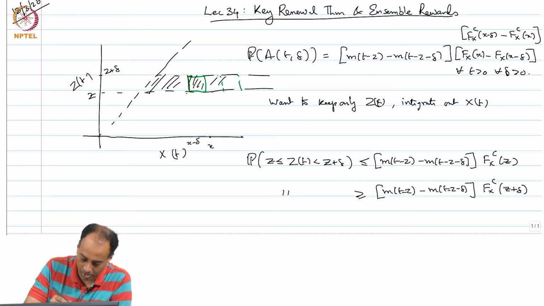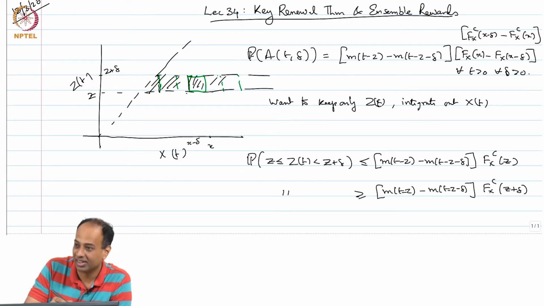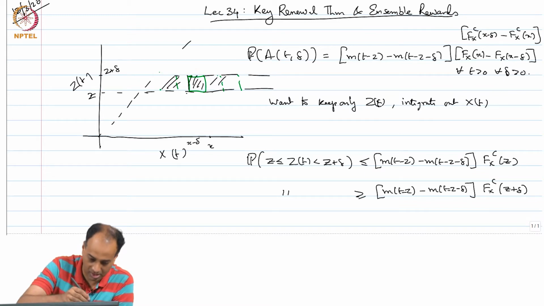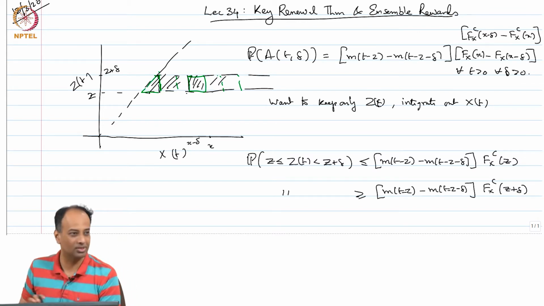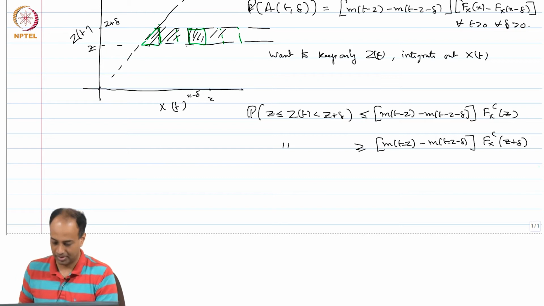The lower bound comes from summing all these squares till this point, and then there will be a little bit left here, which I do not know. So the lower bound sums till this point, and the upper bound somehow upper bounds the area of this little triangle out here. This is a calculation which is just mechanical, and it is not very difficult to believe at the end of the day.